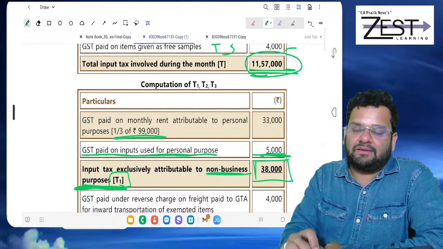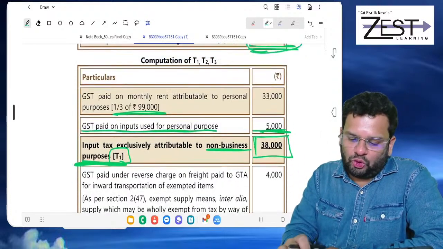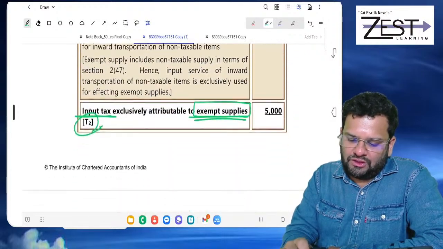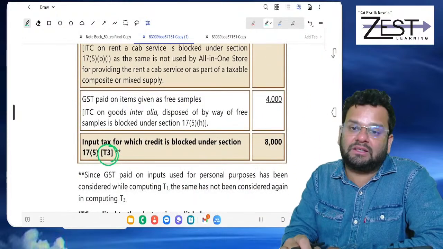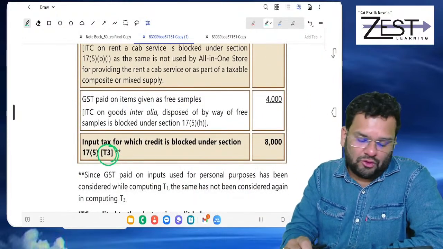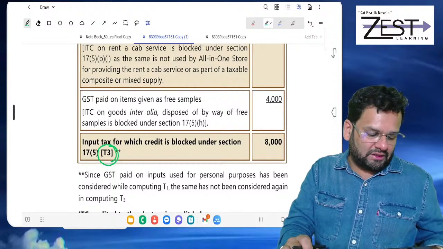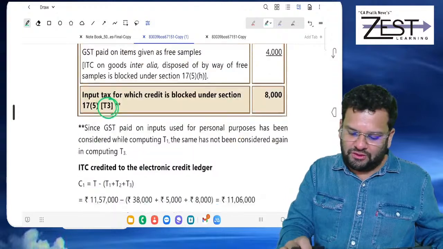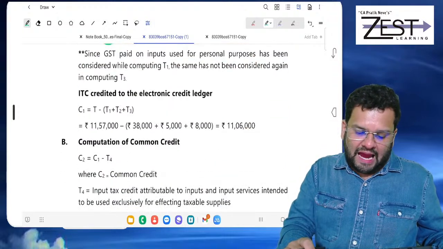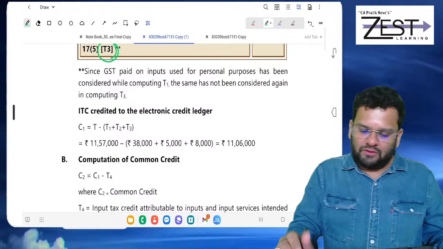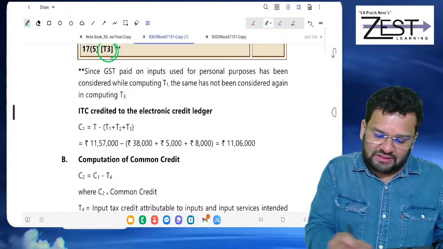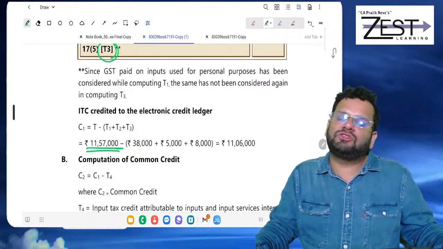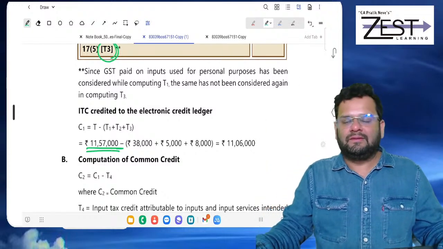from T. So now you take total of T1, T2 and T3. 38,000 plus 5,000 plus 8,000. So what is 38,000 plus 5,000 plus 8,000? Are you getting 51,000? Subtract that 51,000 from 11 lakh 57,000. 11 lakh 57,000 was total credit.